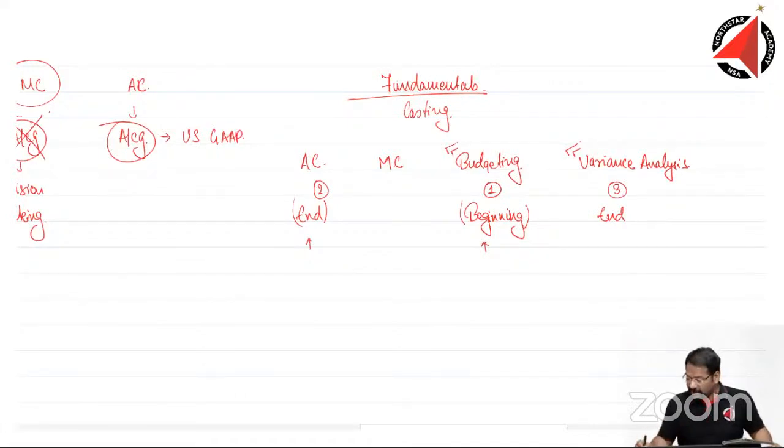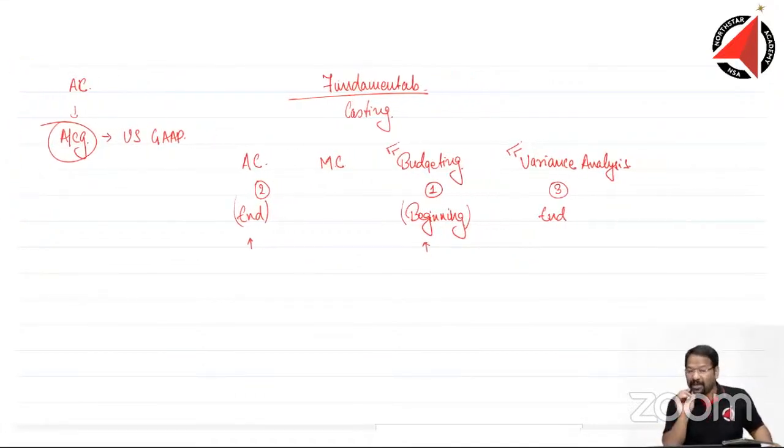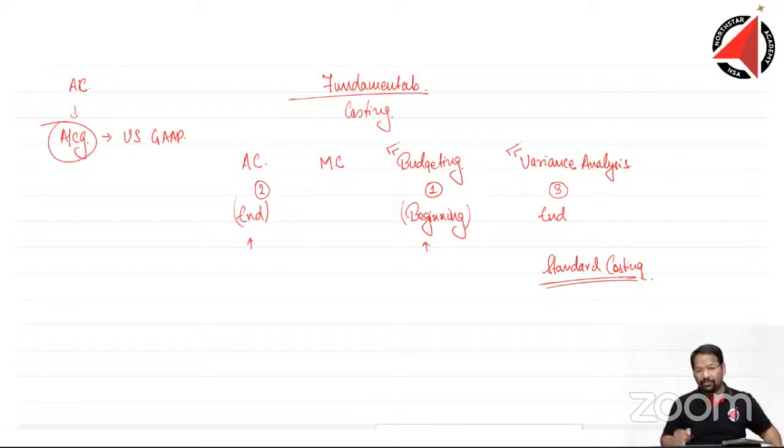All right. So these are all the basic fundamental costing concepts that we are going to be using in the entire syllabus. Now, if I want to divide all this in terms of concept, variance analysis is what we are going to learn in the topic called standard costing. This is basically your post-mortem of what happened between what you had planned and what actually happened.